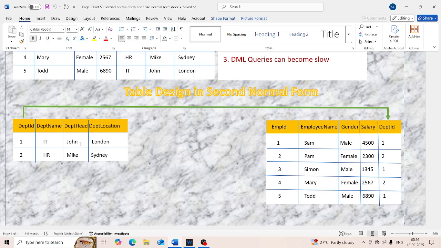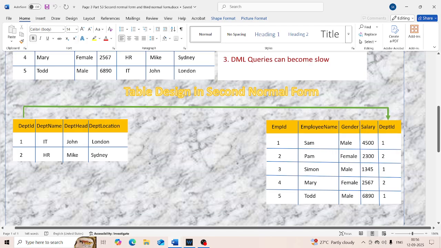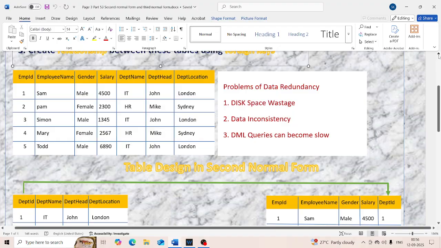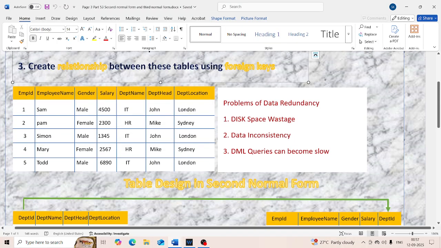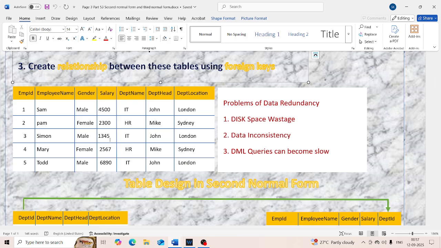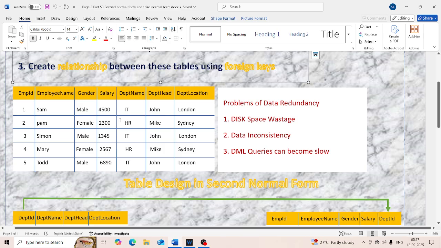But whereas in this case, if there are 50,000 employees belonging to IT department, then probably I have 50,000 rows to update.